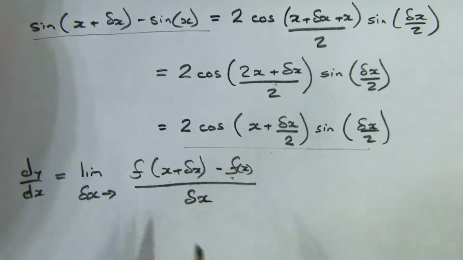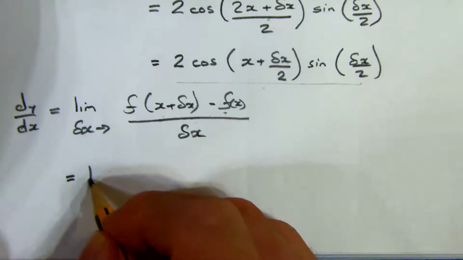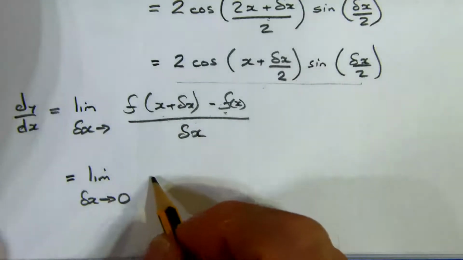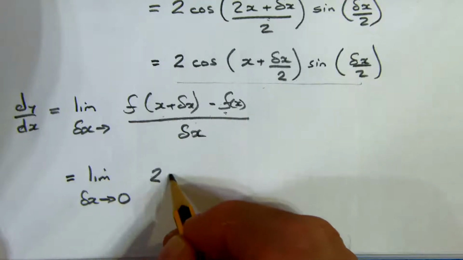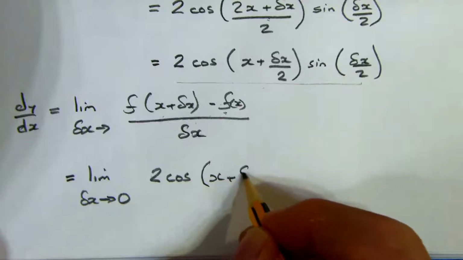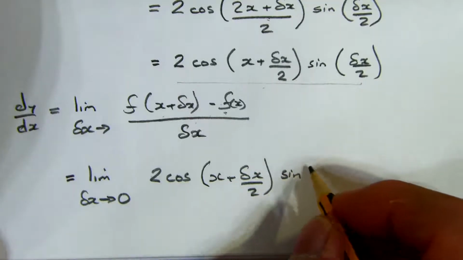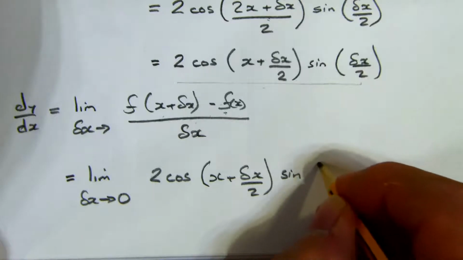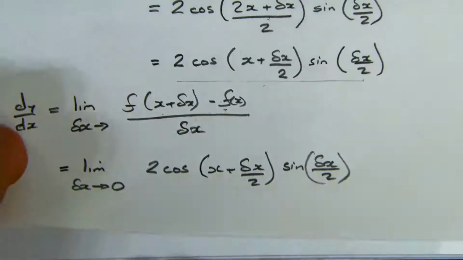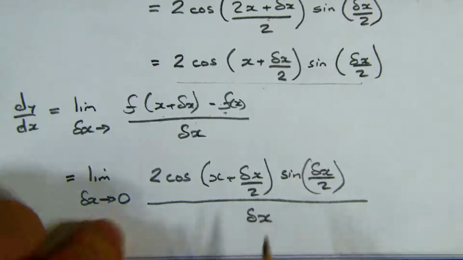So let's put that in here, which is going to give us the limit as delta x approaches 0 of 2 cos x plus delta x over 2 times the sine of delta x over 2, all over delta x.